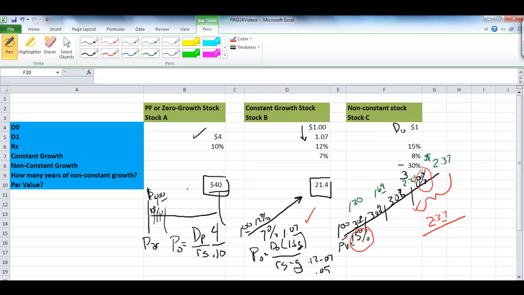So if I divide, 15% minus 8% is 0.07. And if I do this, which is just this calculation on that last period, I should get about $33.90.